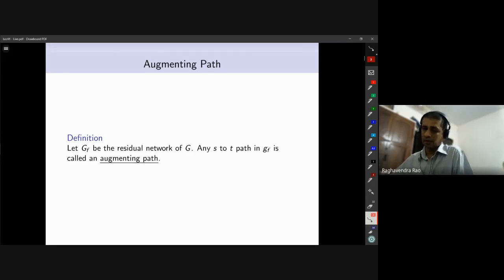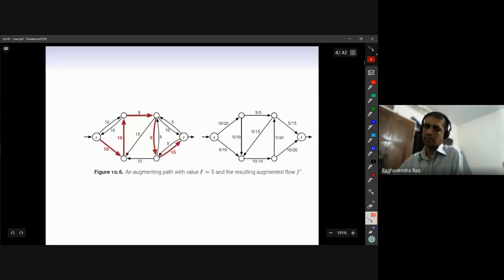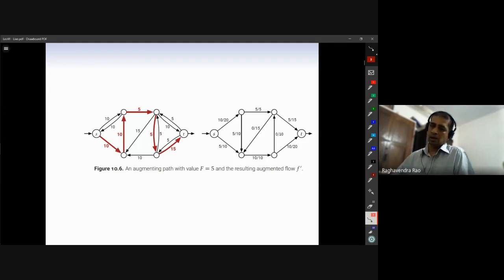Then we get a residual network where there could also be backward edges, in the sense that there could be an edge from A to B as well as B to A. Then any S to T path, we call an augmenting path. Such an augmenting path can be used to update the flow, where we get a flow of strictly larger value. So this is an example of an augmenting path.